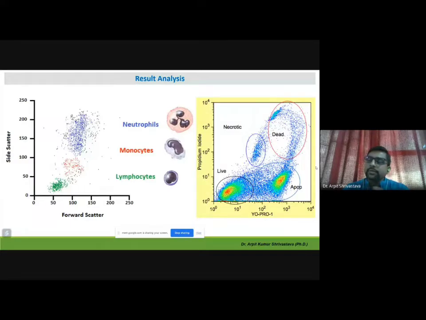On the basis of this, you can differentiate the population, how many live cells you have in a particular sample. So the first result is on the basis of size and complexity, and the second example is on the basis of viability.